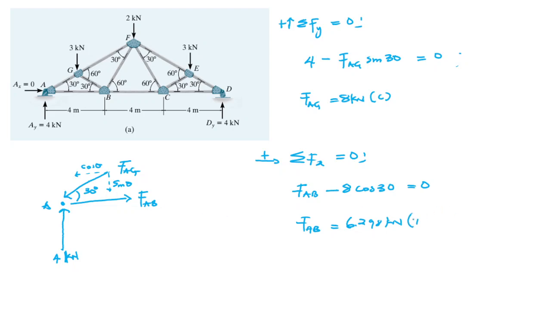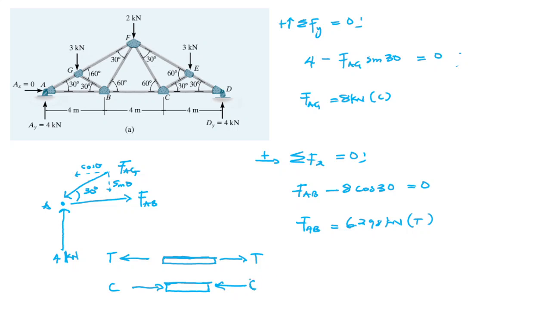So this is tension. I hope you remember that we said that when the force tends to stretch the member, this is tension, right? And when the force tends to reduce the member, like it's going into the member, this is compression.